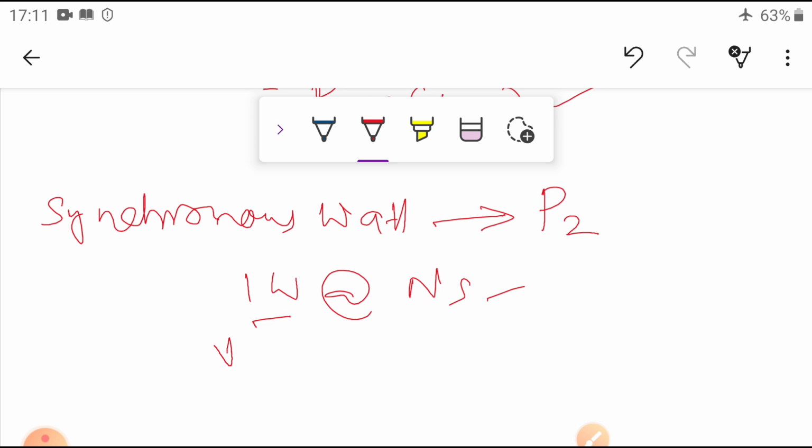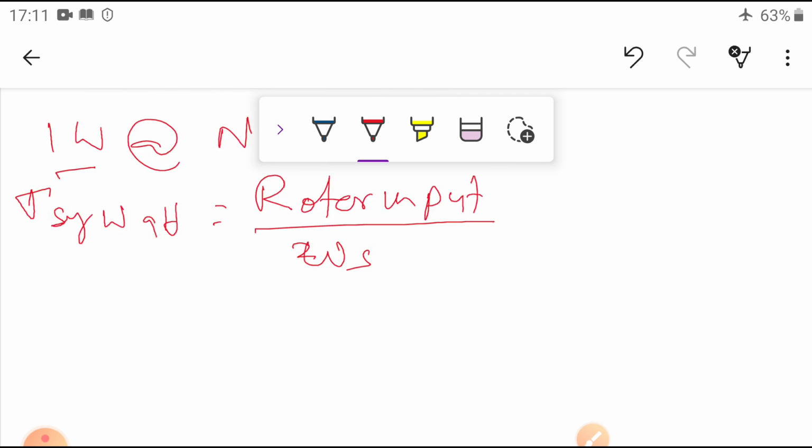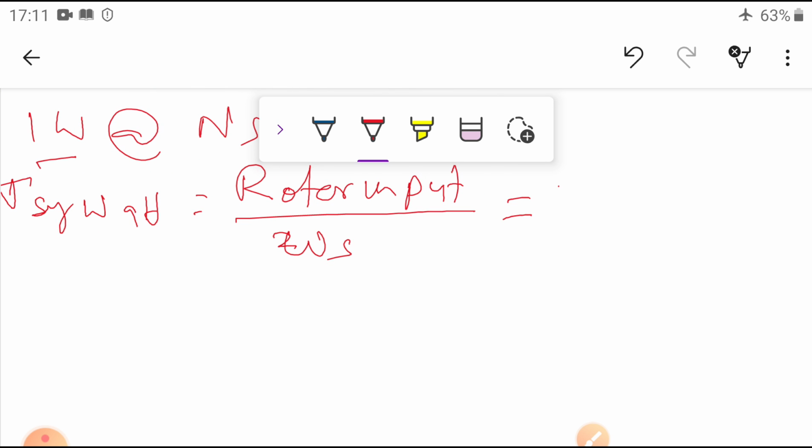The synchronous watt torque is equal to the rotor input, which is P2, divided by omega s. That means you write P2 over 2 pi N s by 60, at synchronous speed. Now we get what is known as the synchronous watt.